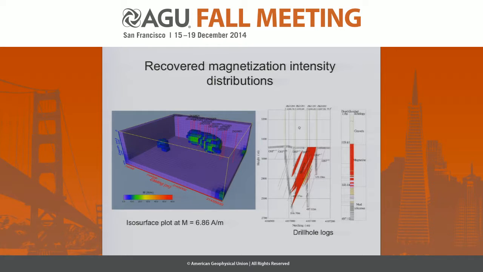This figure shows the 3D distributions of the magnetization intensity, along with the drill logs. The magnetization intensity distributions generally show the distributions of the magnetic outer bodies, and this result is also verified by many drill logs.